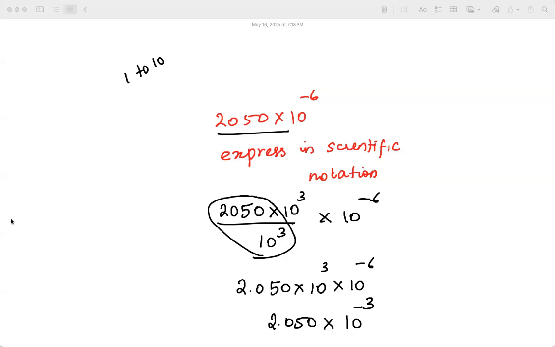You think so? Okay, the last problem, let's try. 12,300 times 10 power of 5. Write it in scientific notation, guys.